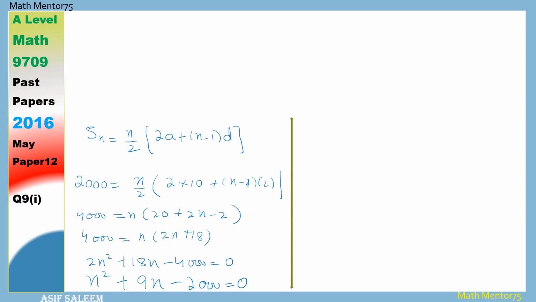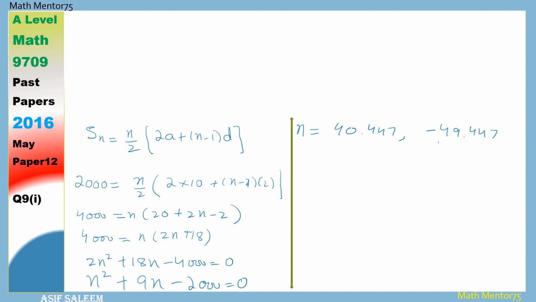Now apply any formula, quadratic formula or completing the square, whatever is suitable. After substituting the values in the quadratic formula or using completing the square, we have two answers. One is positive, the other one is negative. After solving this, we have 40.447 and -49.447.